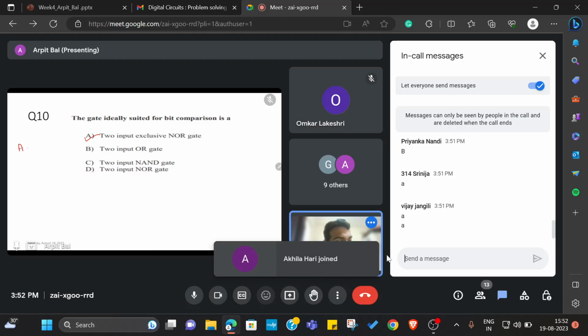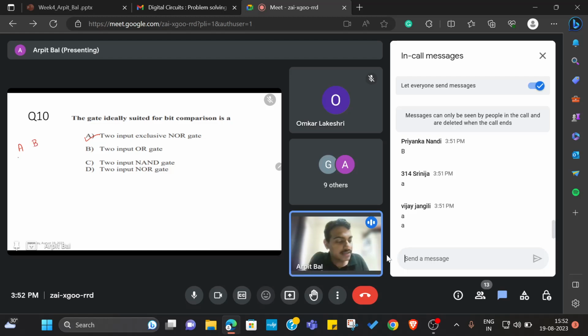So let us say I take A is equal to 1 and B is equal to 1. So here basically both the inputs are same. What I will get as the output of OR gate is 1.